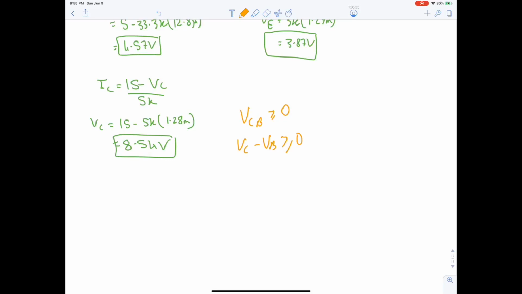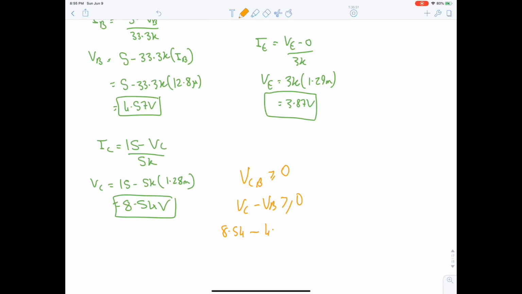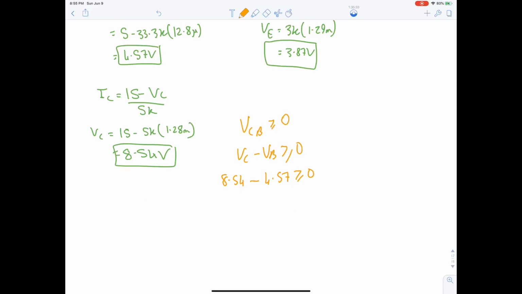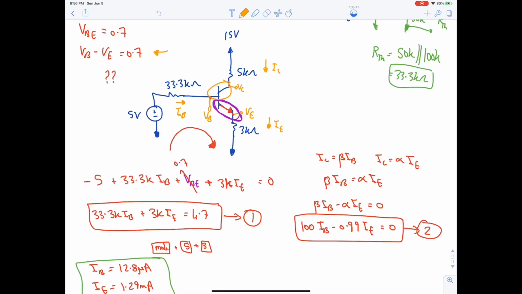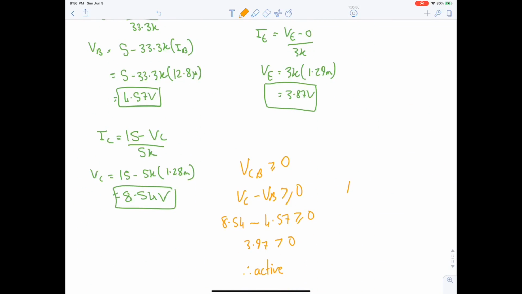VC is 8.54 minus VB, which is 4.57, and this will give us 3.97, which is indeed greater than 0, hence it's active. So BEJ is forward and CBJ is reversed.